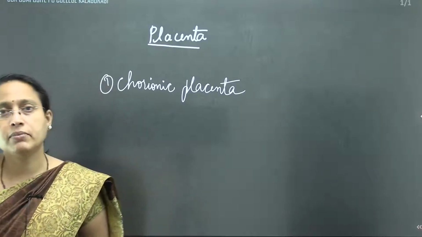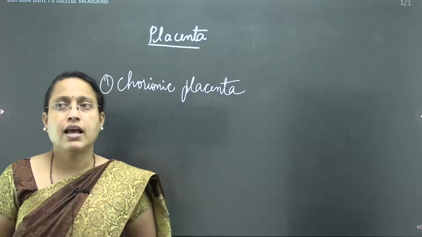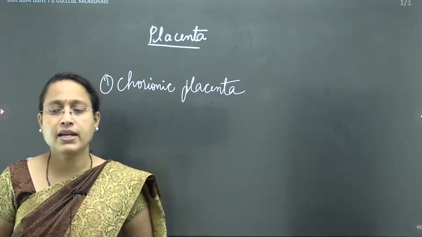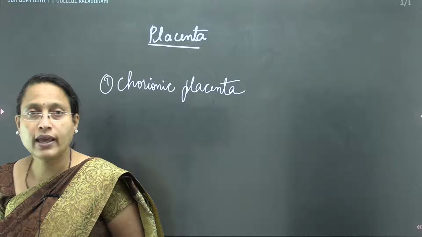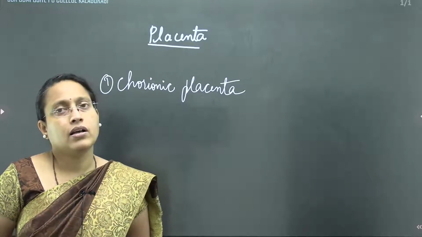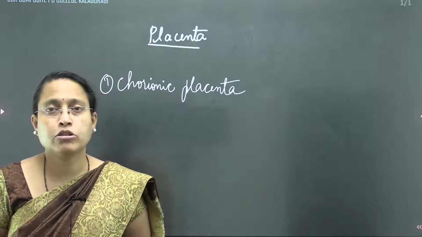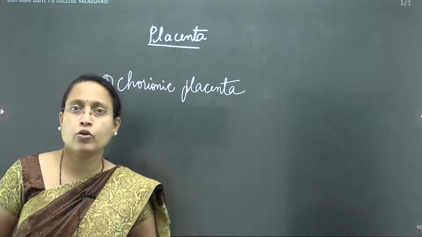How about other animals? Mammals other than the primates are called eutherians. Their placenta can also be contributed by allantois and chorion together.